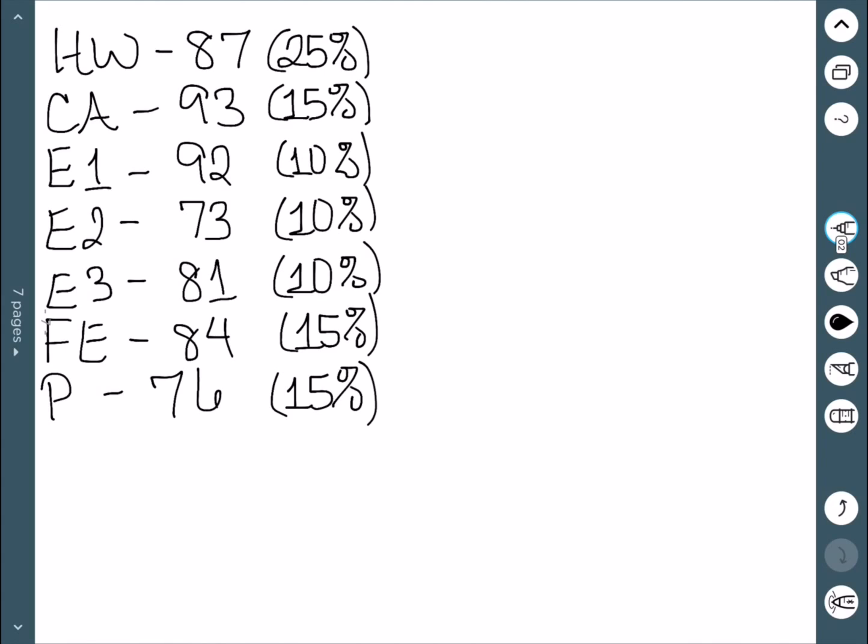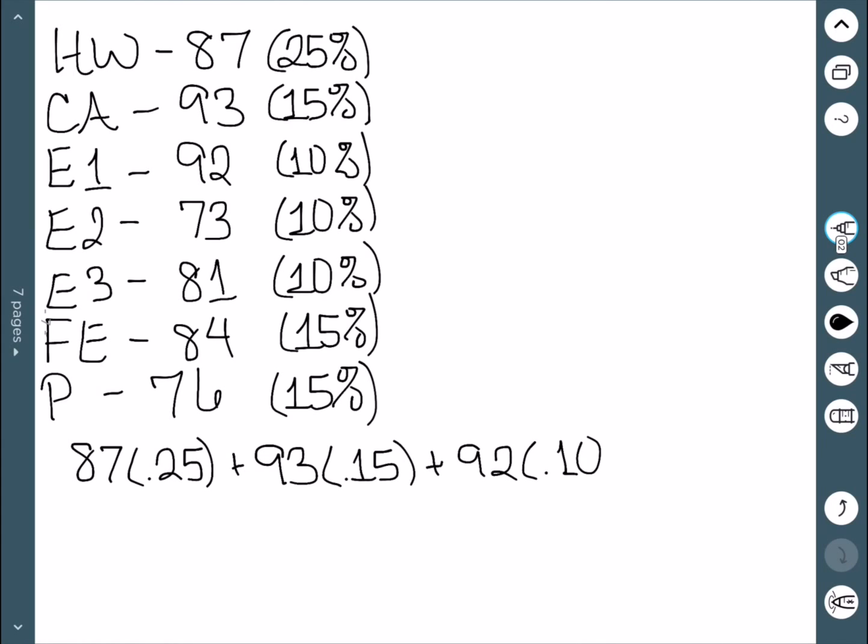Let's do an example of a grade calculation. Here I have my set of categories, the grades, and their percent. So for example, our homework, we had an 87 average, and that is worth 25%. So I'll take 87 times 0.25. The next one is my class activities, which are worth 15%. I then have my first exam that's worth 10%. My second exam that's worth 10%. My third exam that's worth 10%.